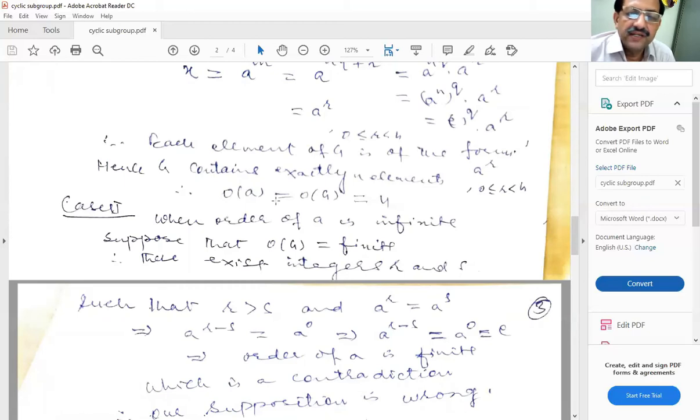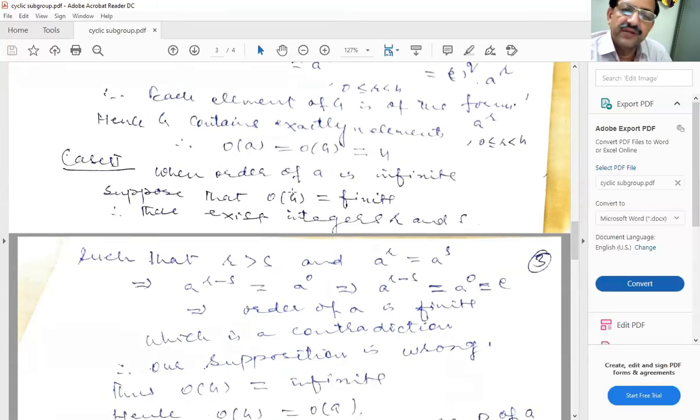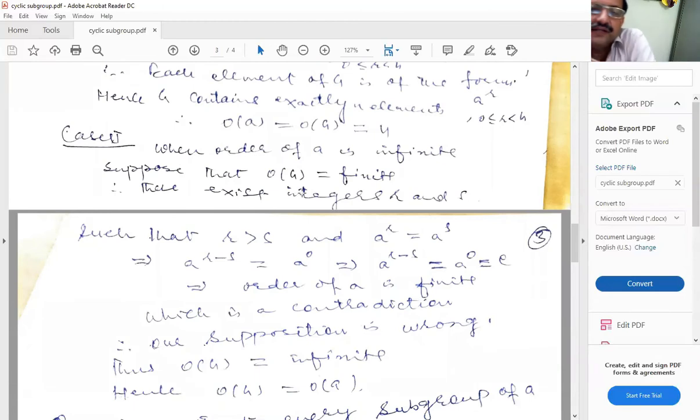Dividing both sides by a raised to power s, we get a raised to power r minus s is equal to a raised to power 0. So we got a raised to power r minus s is equal to a raised to power 0, which is equal to the identity element e, which implies the order of a is finite, because the order of a is r minus s and both are finite values, which is a contradiction.